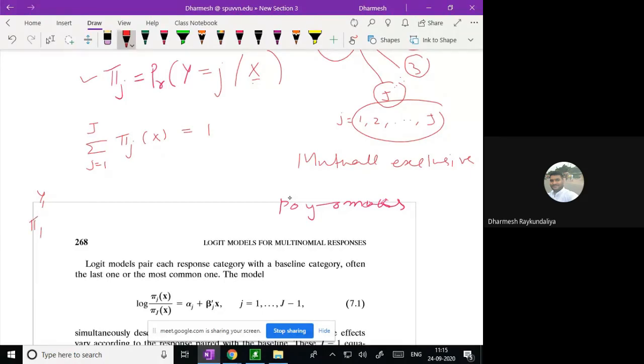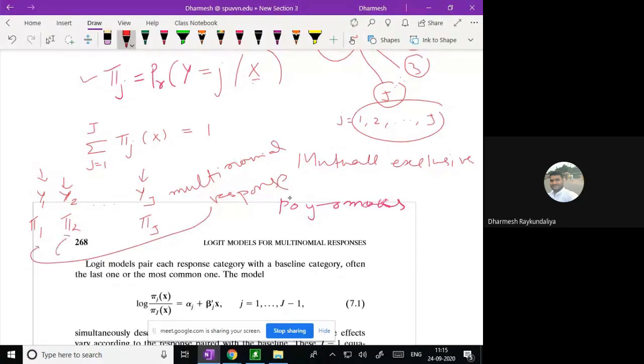If the number of respondents falling into category 2 is denoted by y2, then the corresponding probability is pi 2. Likewise yj, with the corresponding probability pi j. So y1, y2, up to yj are said to be a multinomial response with corresponding probabilities pi 1, pi 2, and pi j.